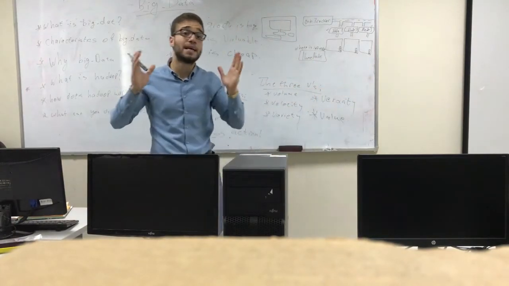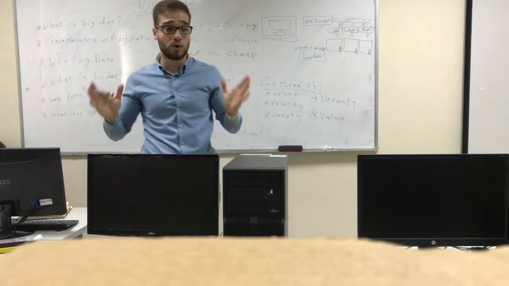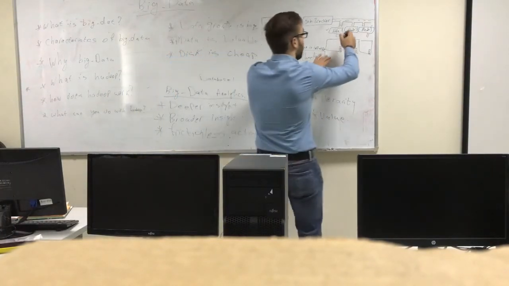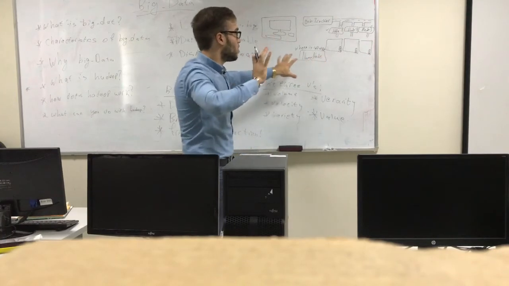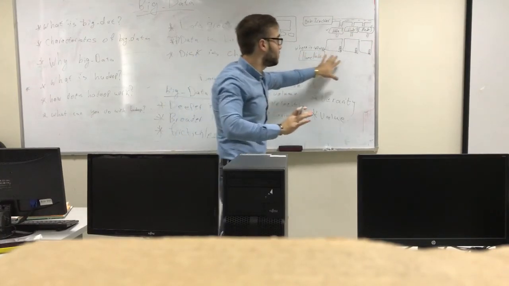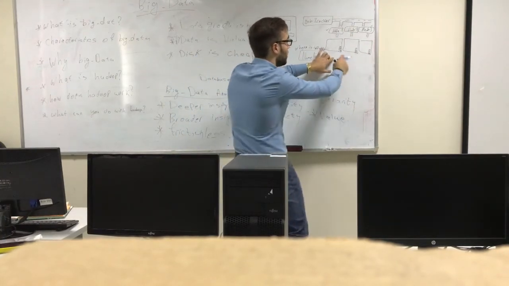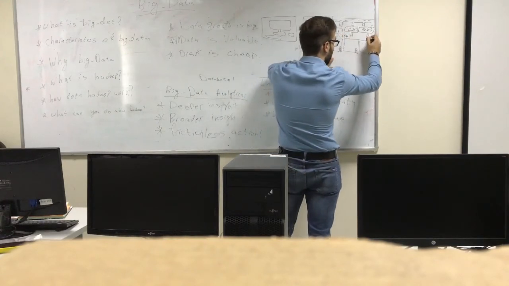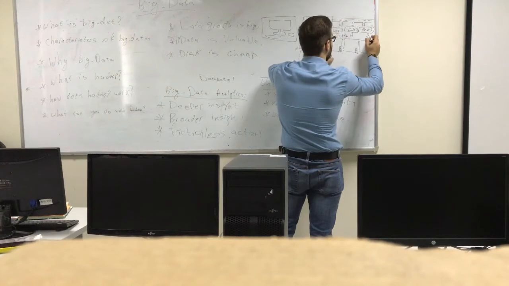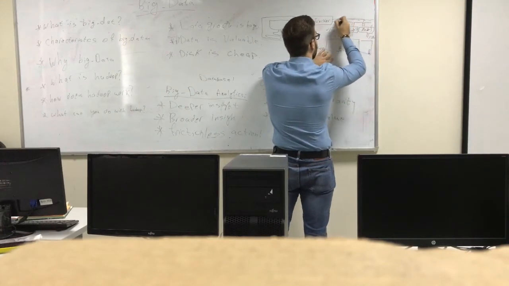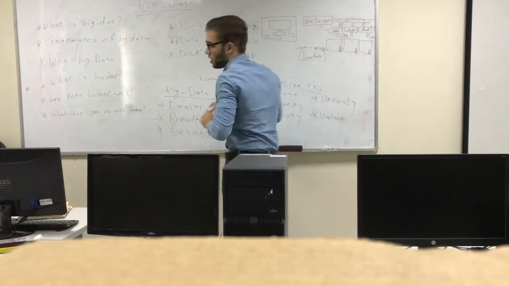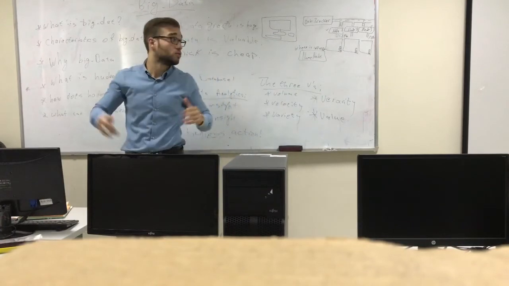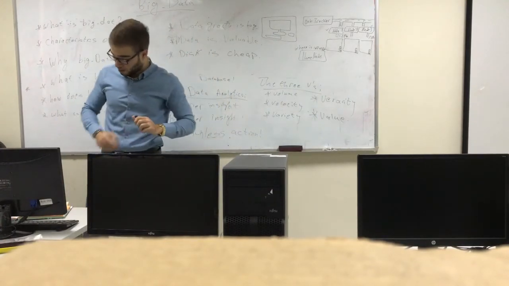They work independently on their own. Let's say we are searching for an image inside of these nodes. Node 1 will find the image, 1.jpg, and node 3 will find the image, and they will send it back to the job tracker, which will send it to the output file.